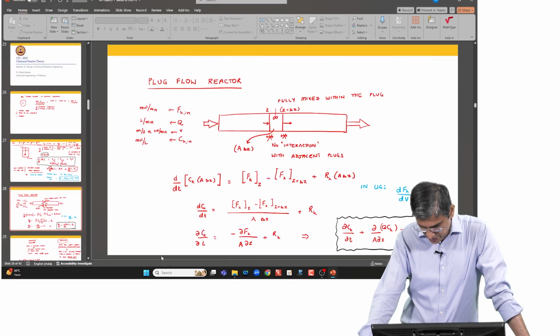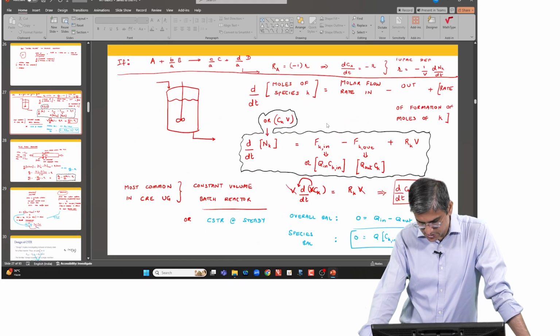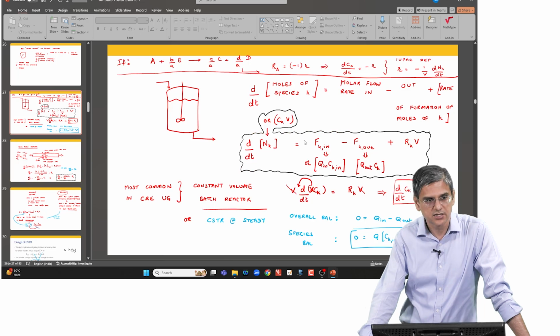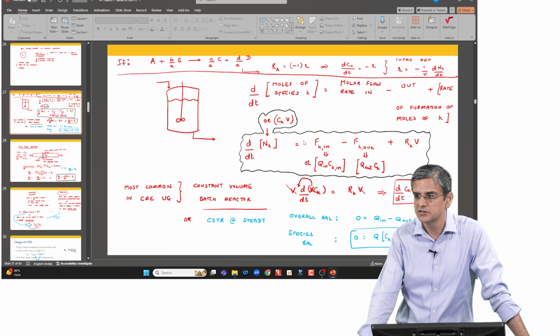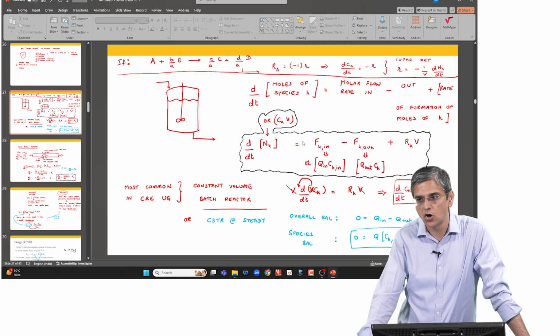And we looked at the plug flow reactor, and this is the plug flow reactor balance that we have, and this is the well mixed reactor balance. The well mixed reactor balance is applicable for batch, semi batch and continuous stirred tank reactors, all three.